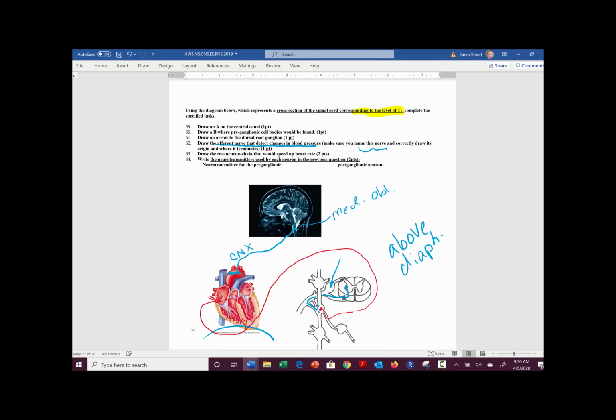So we actually have some postganglionic fibers that can innervate cells in the ventricles. Which neurotransmitters would be used by each? Well, for sympathetic, it's acetylcholine for the first one, and for the postganglionic neuron, it would be epinephrine.